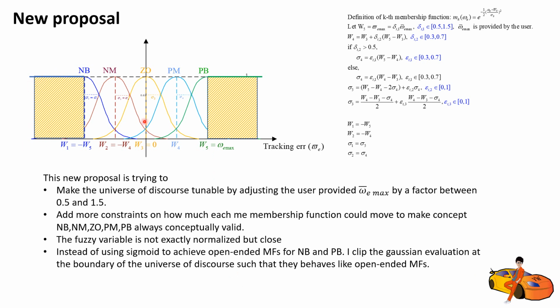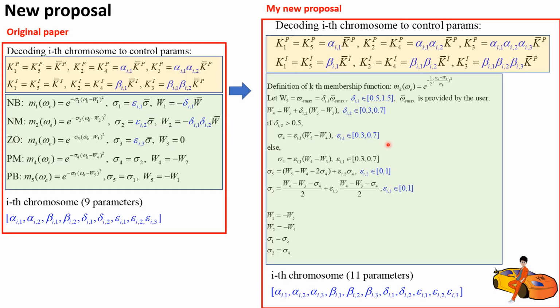That's why in this diagram I put those mosaic there. And in this, it naturally behaves like an open-ended membership function. You could also use a sigmoid function, but then it makes this whole thing a little bit more complicated because sigmoid has two different parameters to specify the shape. I just want to reuse as much as possible, so that's why I did this.